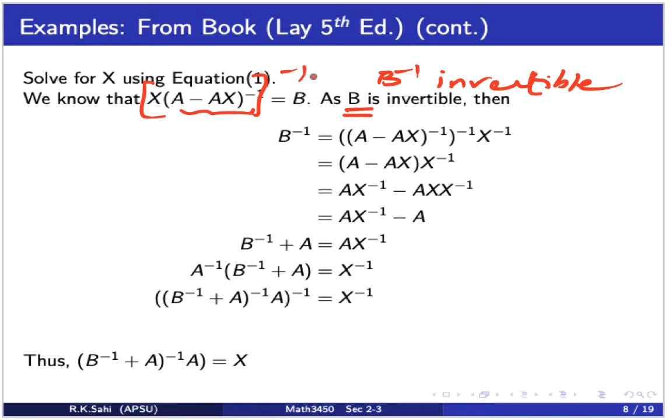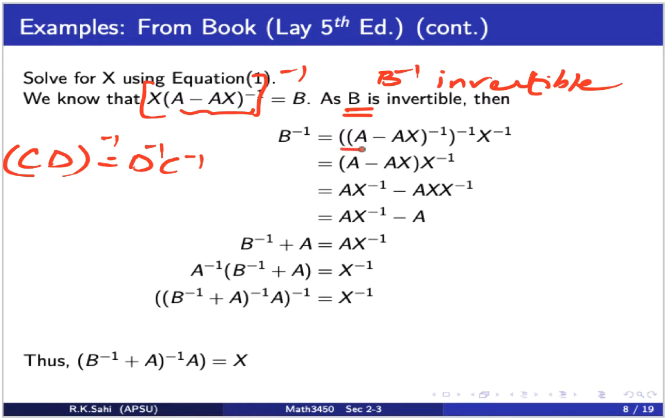Remember, if you have C D inverse, the inverse is given by D inverse C inverse. Now my C is x and my a minus ax inverse is D. So it becomes (a minus ax inverse), the whole of that inverse, times x inverse.